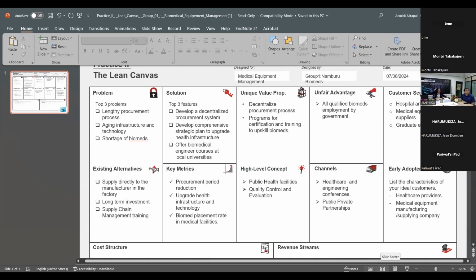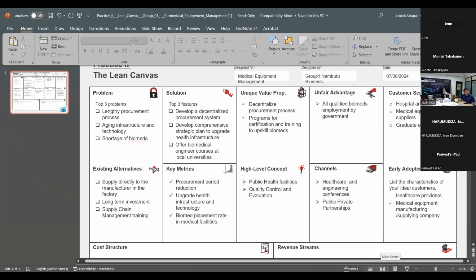And about the key metrics, we have procurement period reduction, we have upgrade of health infrastructure and technology, and we also have biomed placement rate in medical facilities.